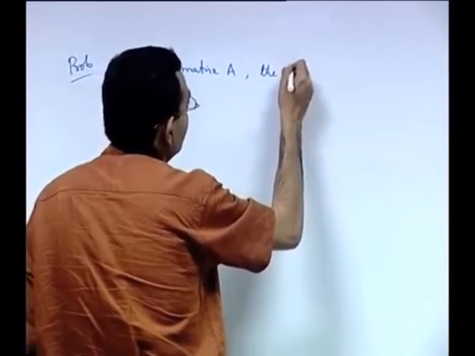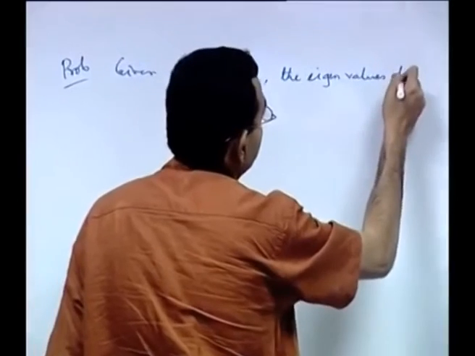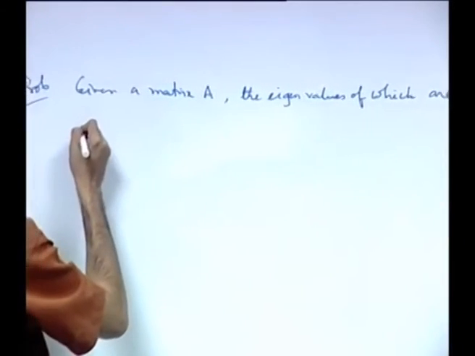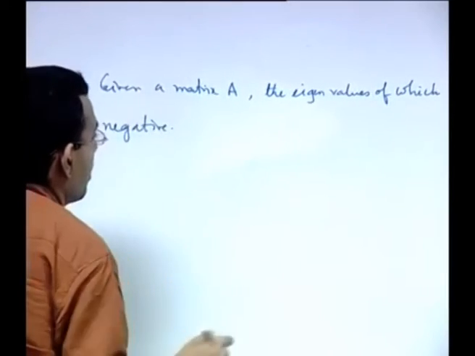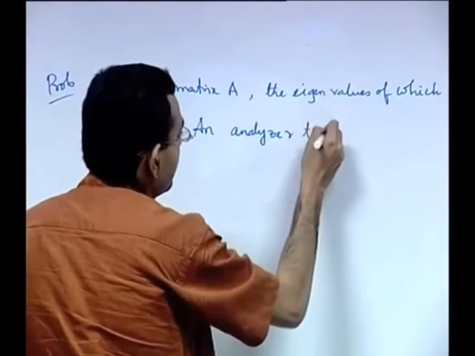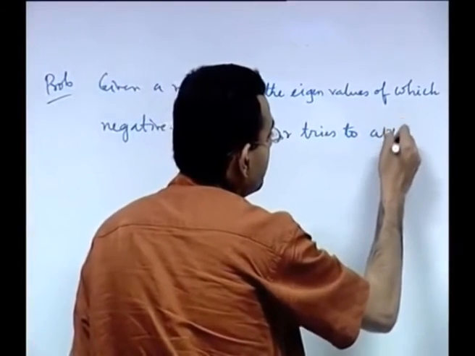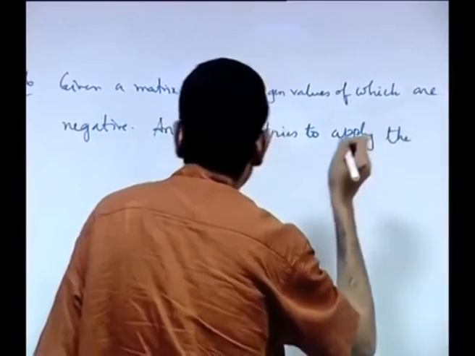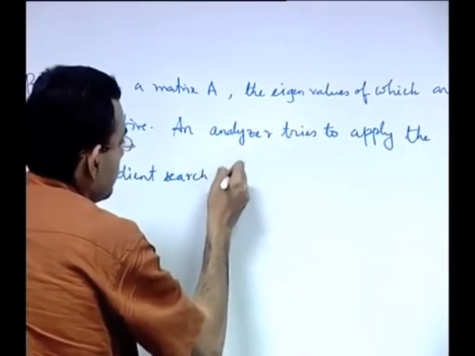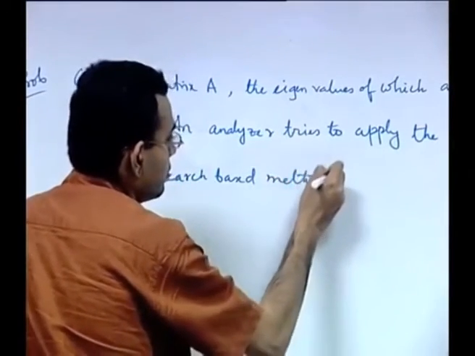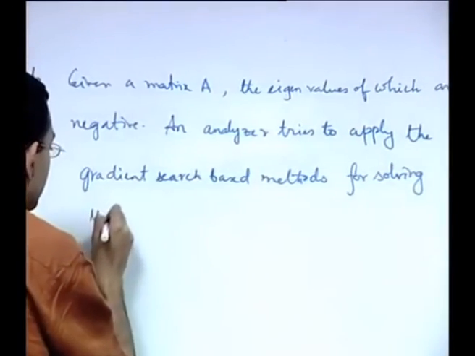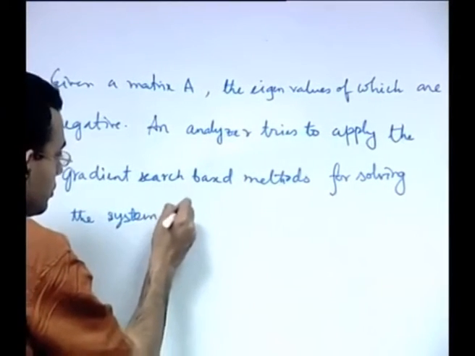the eigenvalues of which are negative, an analyzer tries to apply the gradient search based methods for solving the system Ax equal to b.